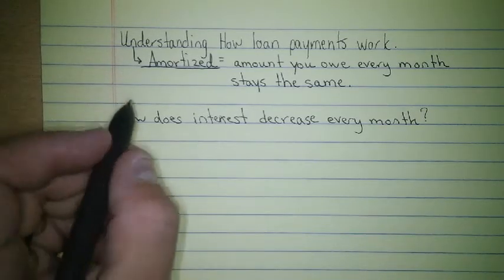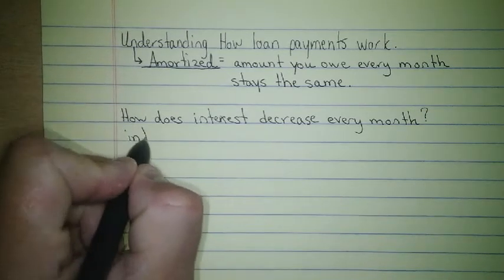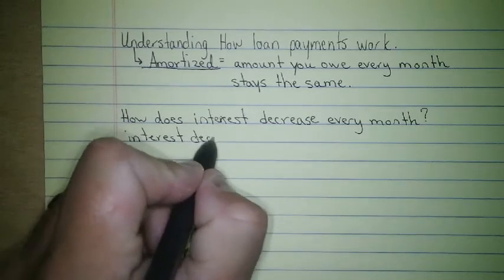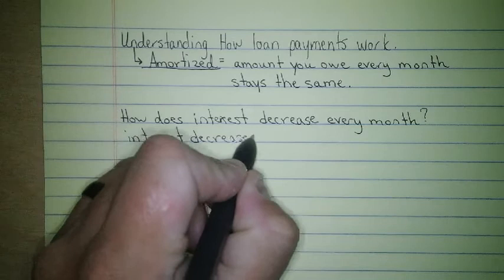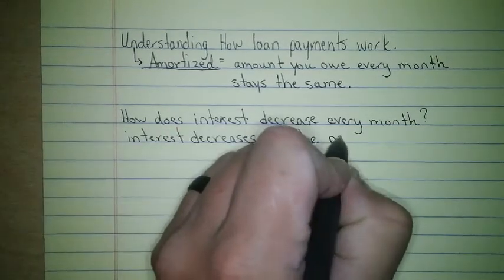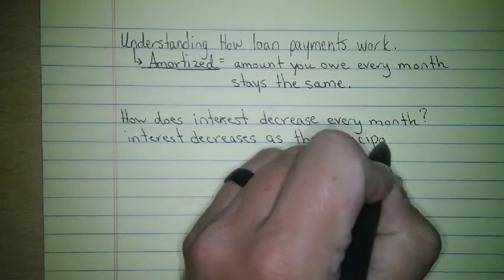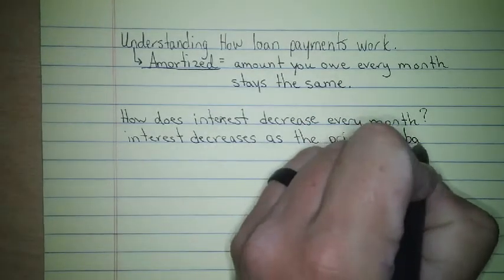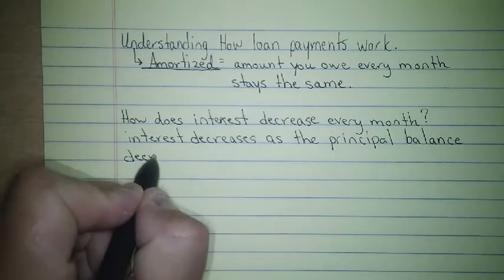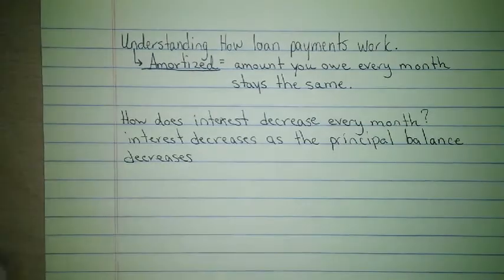So I would put down the interest decreases as the principal balance decreases. And again, I'm going to show you a handout here in a second that I think will help with that.